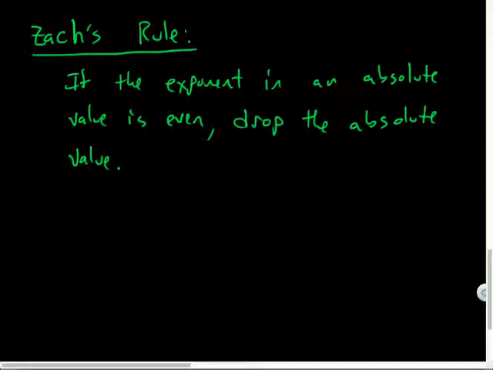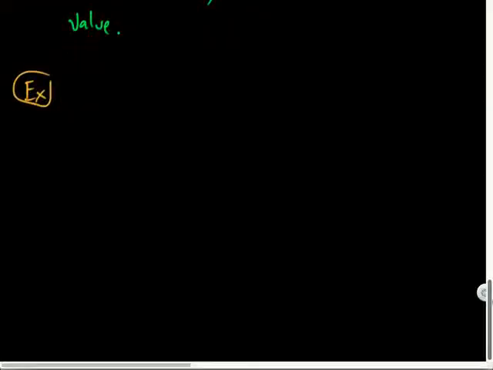Otherwise, it likely will not work. So let's try this example here. What if I've got the square root of 81x to the 12th, y to the 20th, and z to the 17th?